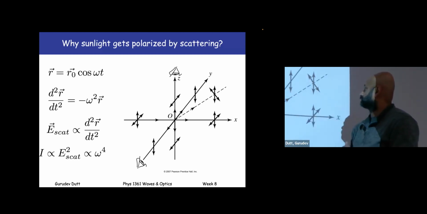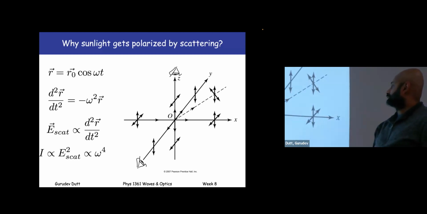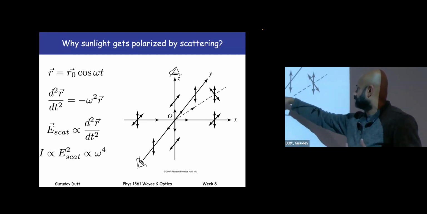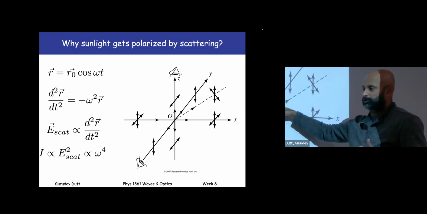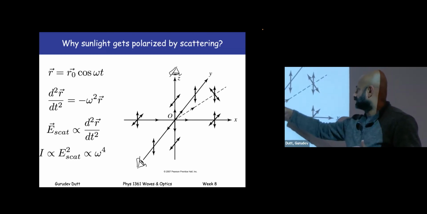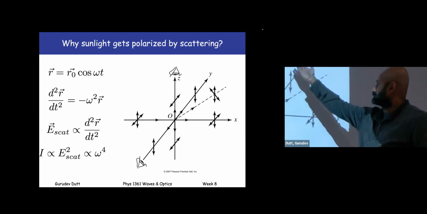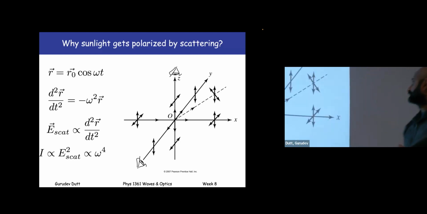Similarly, in the direction of the Z over here, all of the electric field is parallel to this dipole moment, but the dipole which points along the Z axis does not have a component in the Z direction.